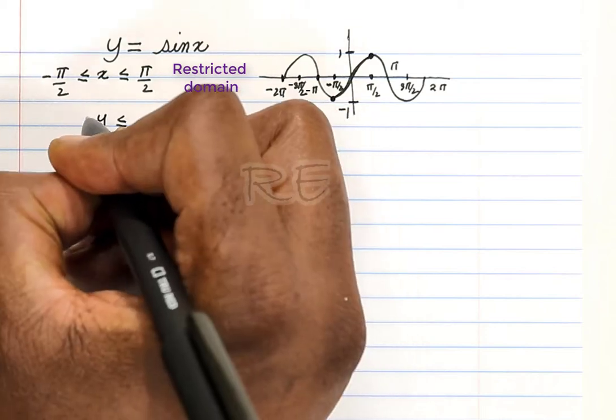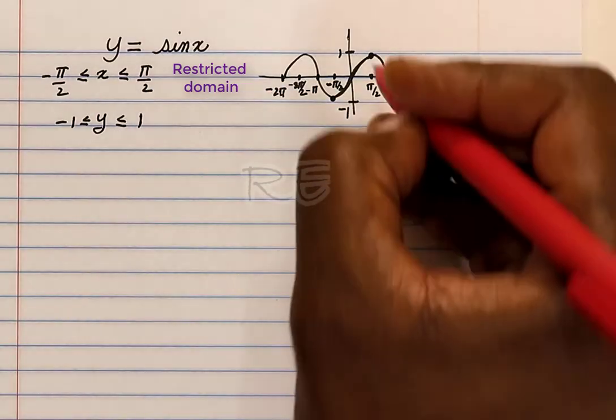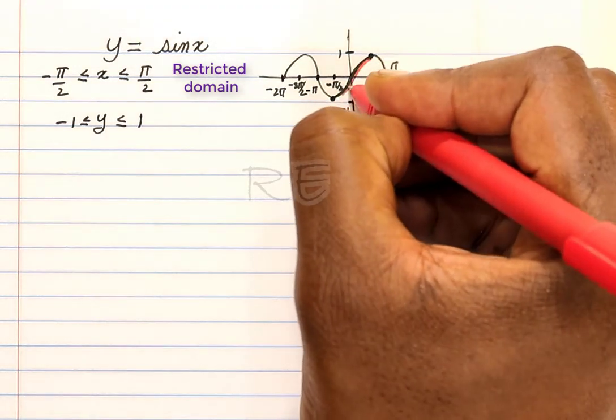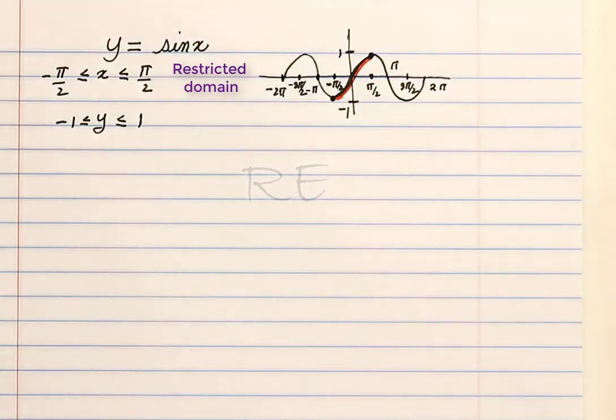X will be between negative pi over 2 and pi over 2. Y will be, as usual, between negative 1 and 1, a full range.